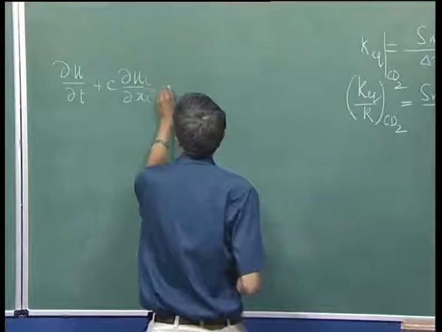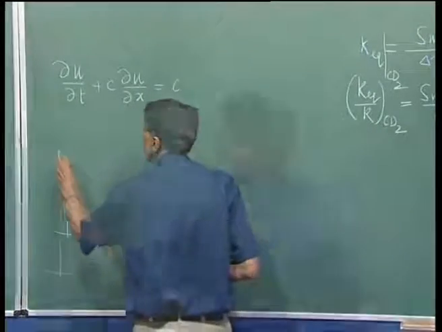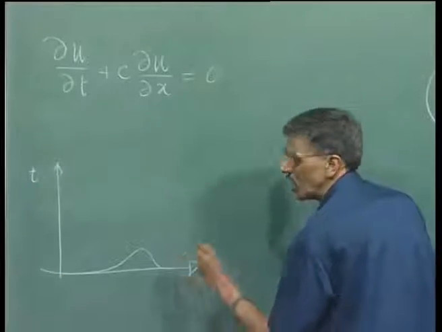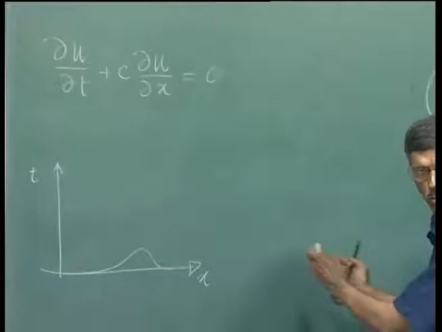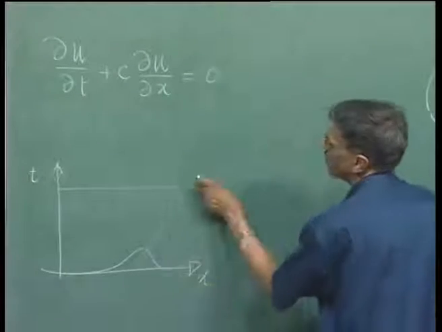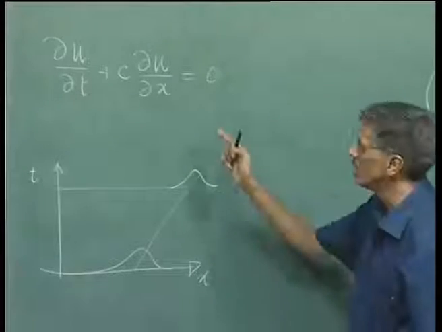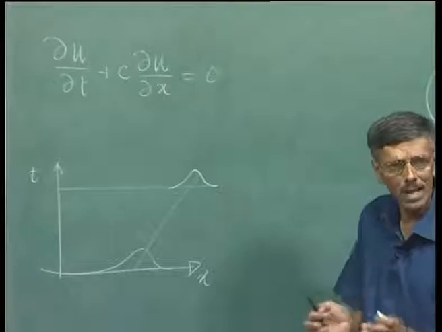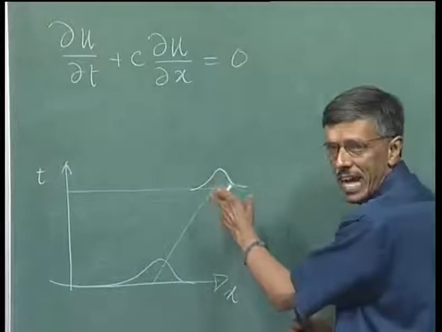So, if I give some kind of an initial condition in the x-t plane, and if I give some kind of an initial solution like this, what happens with the passage of time? This condition will move to the right. So, at a later time, I might see that this solution has moved here. This is the property of this equation, that it does not amplify or dissipate, and it also does not disperse. So, if I have a packet like this, the packet is retained as it is.